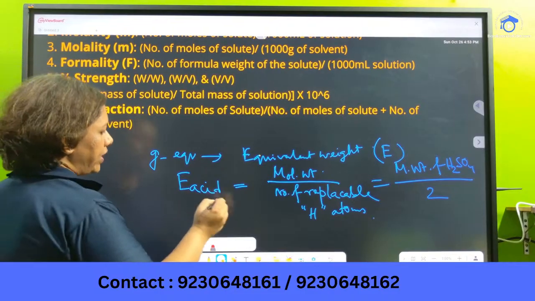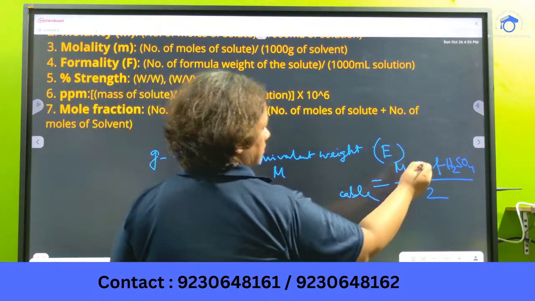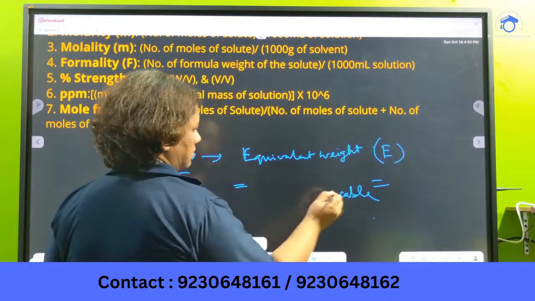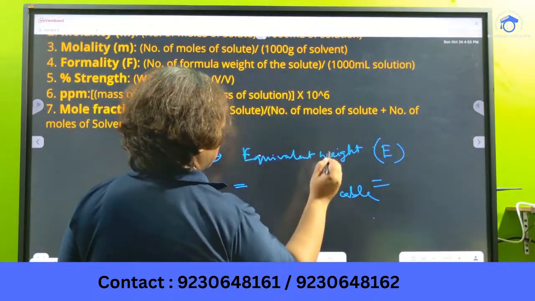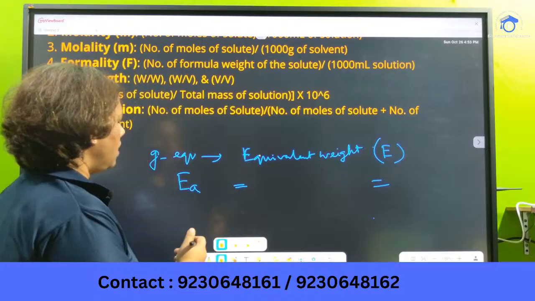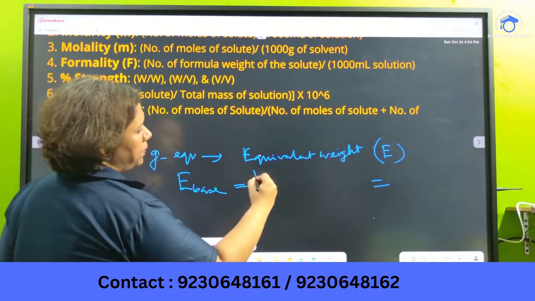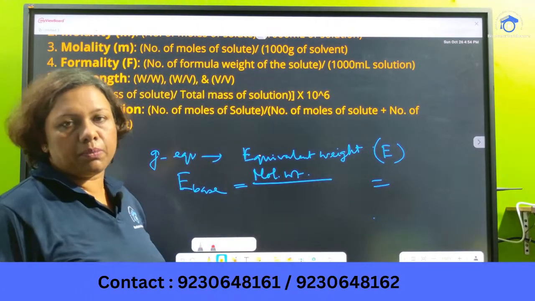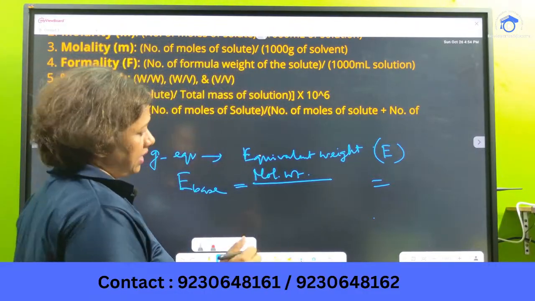Now what is the equivalent weight of base? For base, same: molecular weight divided by the replaceable number of OH, that is the acidity of the base. Just the reverse, acidity of the base.